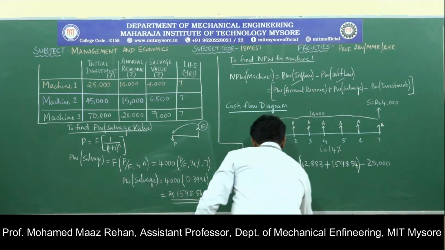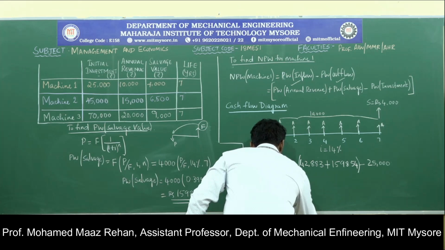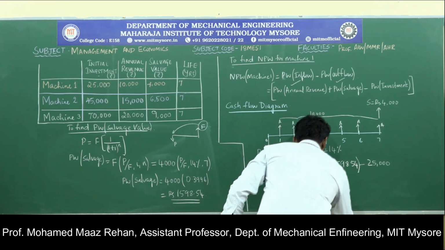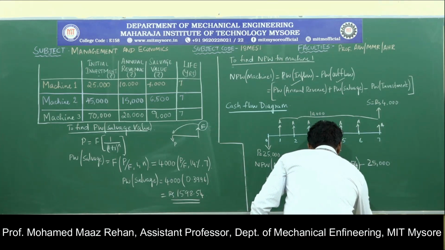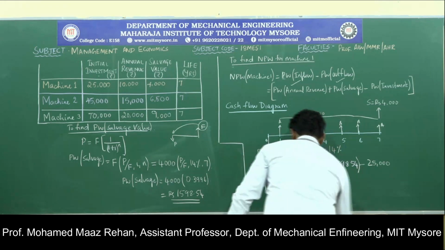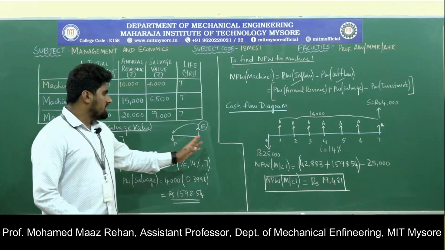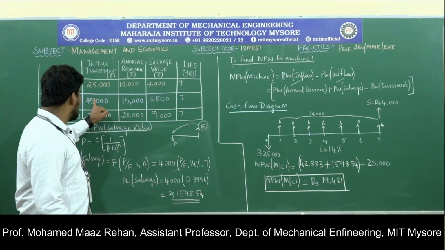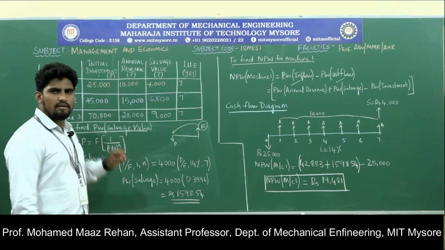So we will get net present worth of machine 1 as rupees 19,481. Next we shall find out the net present worth for machine 2 and for machine 3.